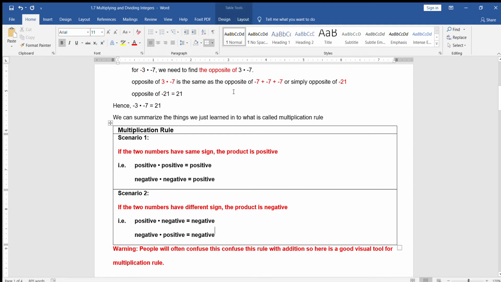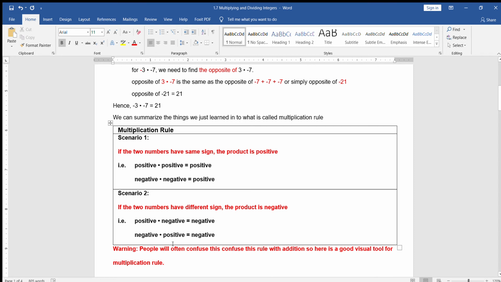So again, right here are the possible scenarios. Positive times positive is positive. Hopefully you know that already. Negative times negative is positive. And for scenario 2, positive times negative is negative, and negative times positive is negative.